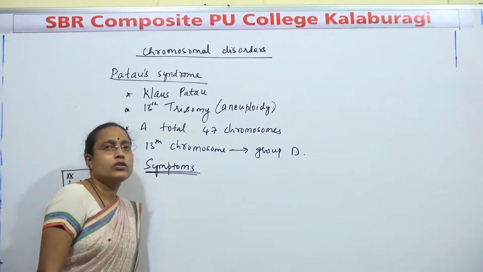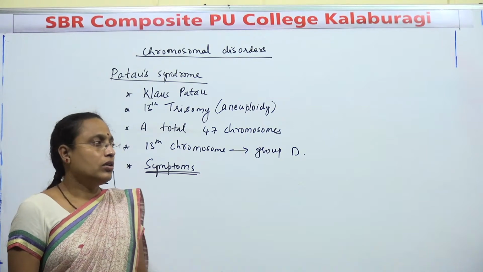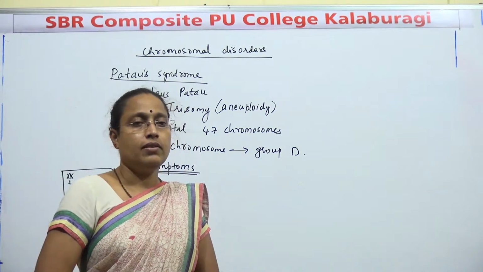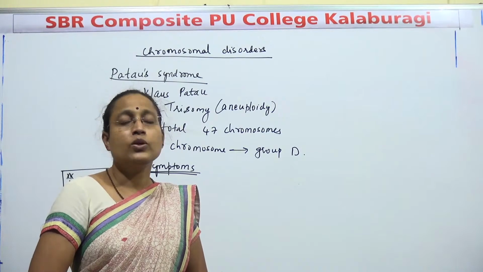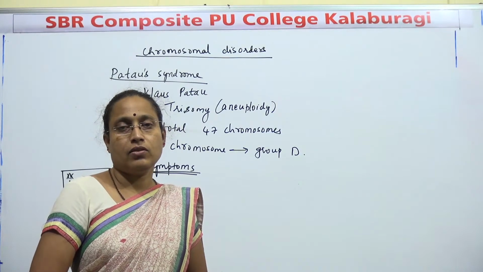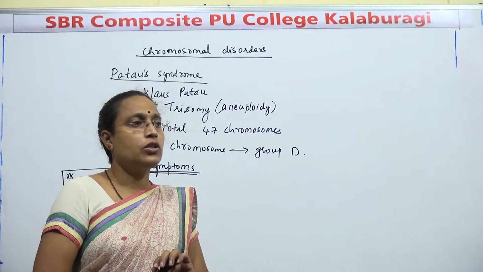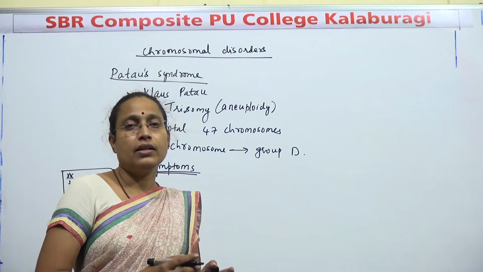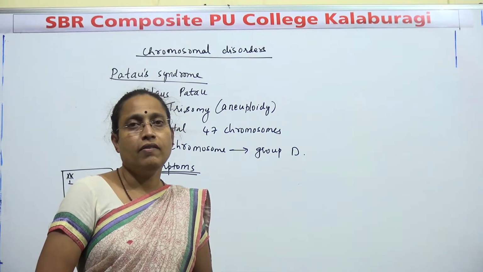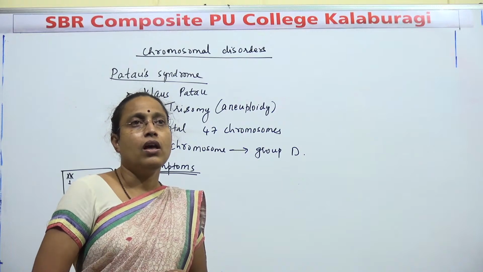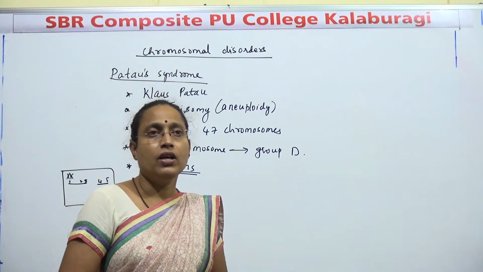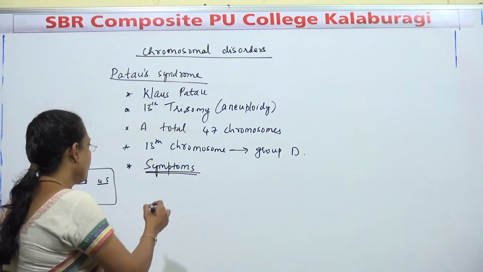So, Patau syndrome, what are its symptoms? The symptom will be a totally abnormal face, which will not resemble ideally that of the human face. So abnormal face is one of the symptoms of Patau syndrome.